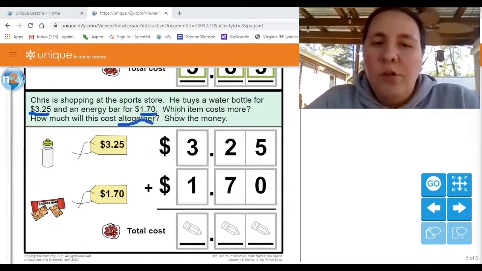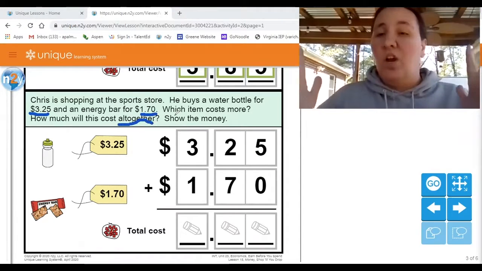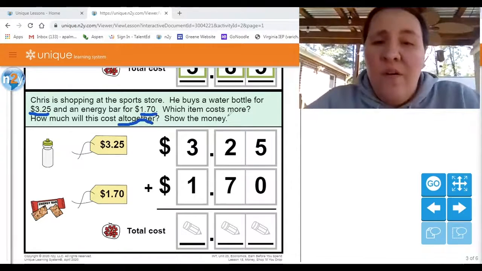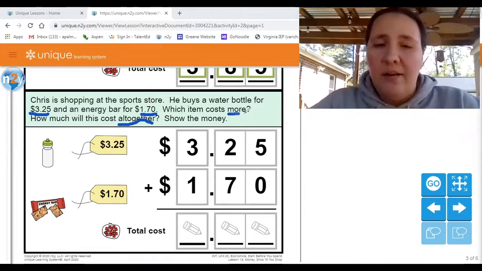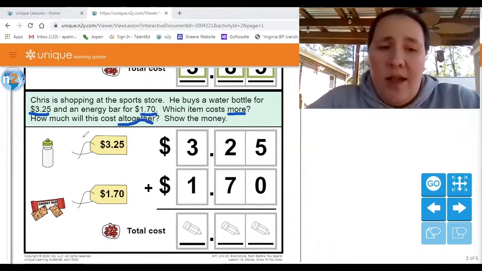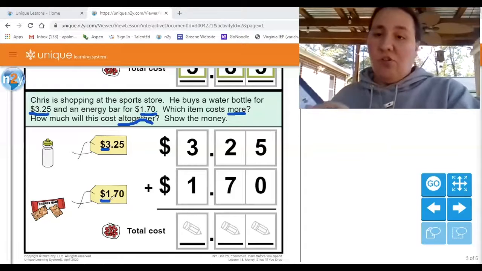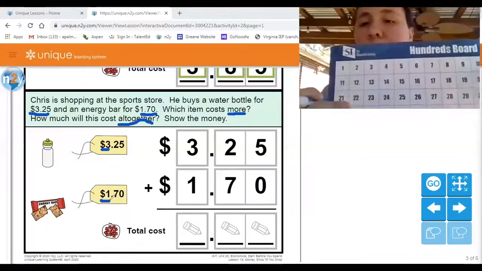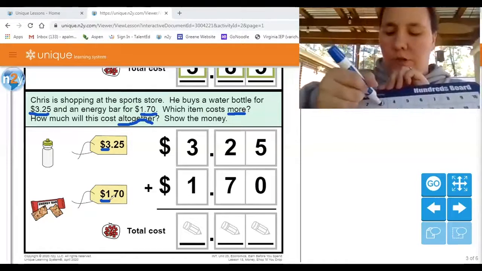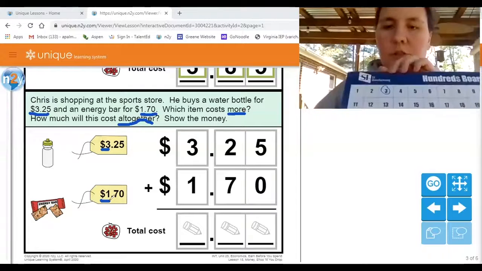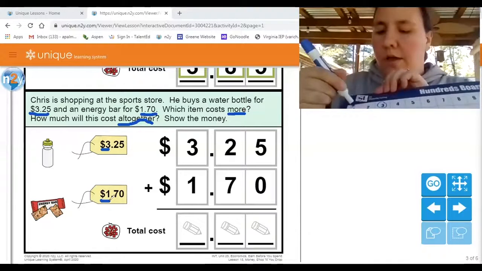And which one tells me I want to know the bigger number? Very good. More. You guys are getting it. So I'm going to look at my tags down here. I'm going to underline the biggest place value, which is my dollars. And I'm going to use my hundreds chart because I use the hundreds chart to make sure I'm right. Here's my hundreds chart. I'm going to circle the 3 for the first number and the 1 for the second one.